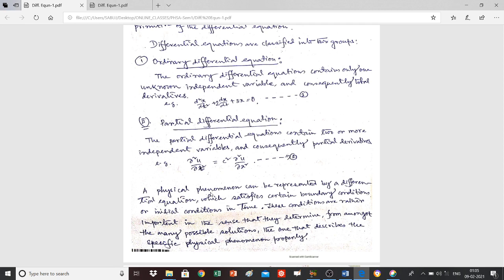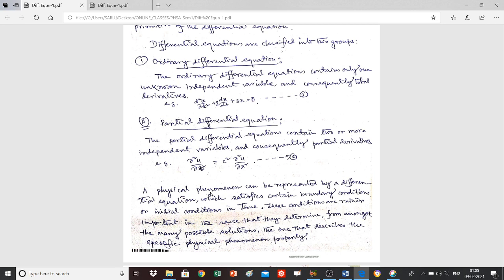And obviously that physical phenomenon will satisfy certain boundary conditions. If you solve the differential equation which obeys that physical phenomenon, and you impose the boundary conditions, then you will get the certain solution of that physical phenomenon.